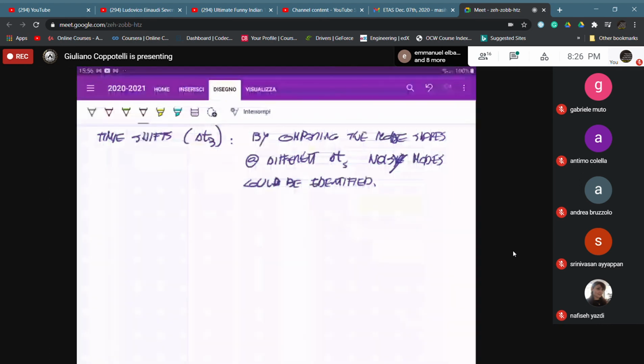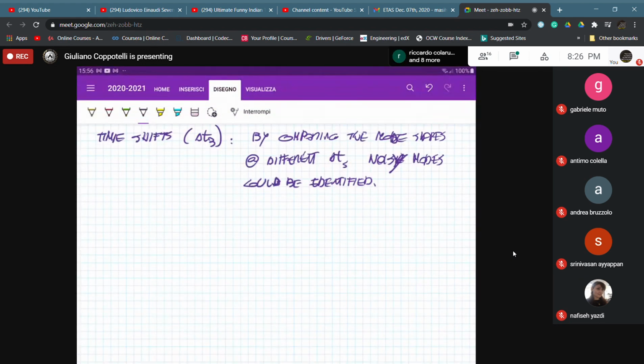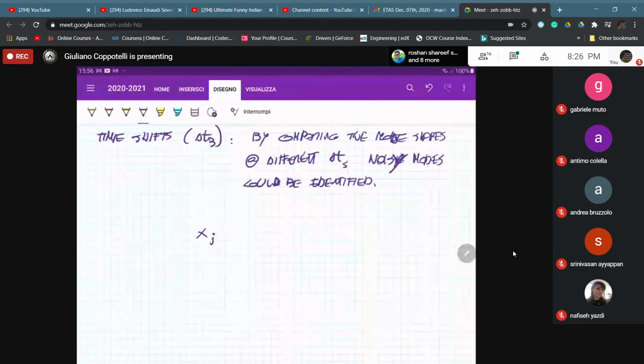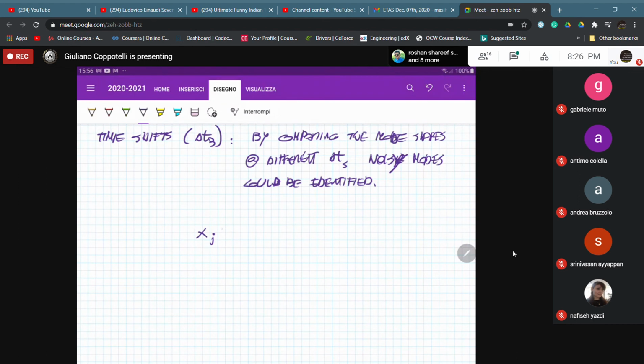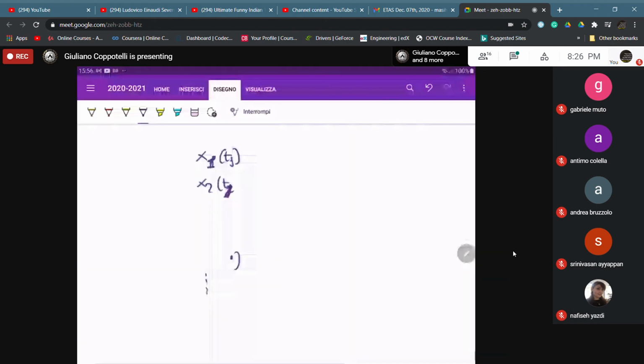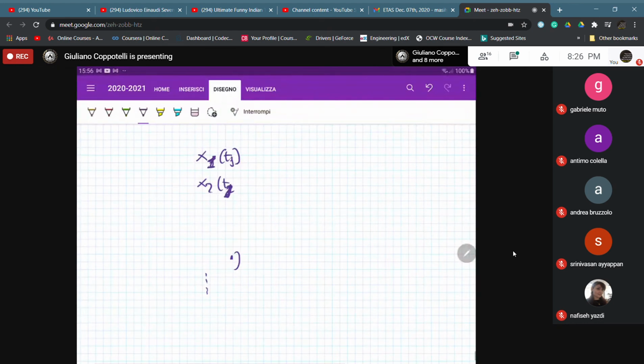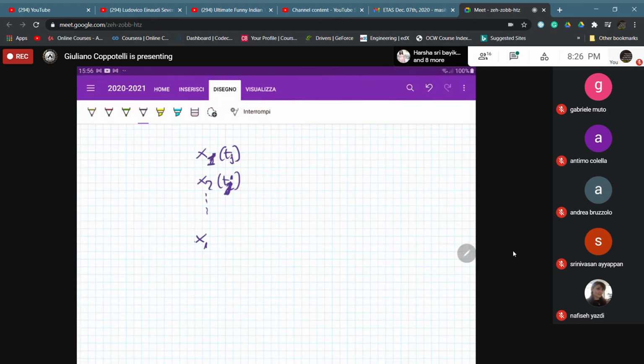For example, what I got here is, let's say, X1 of Tj, X2 of Tj, up to the last one, let's say Xno of Tj. Then we have all the other columns that are responsible for building the kinematics.